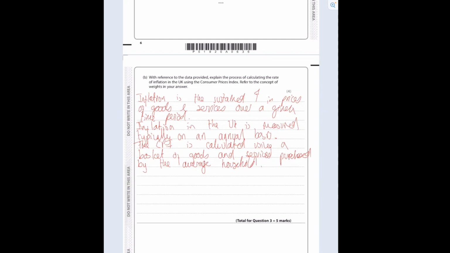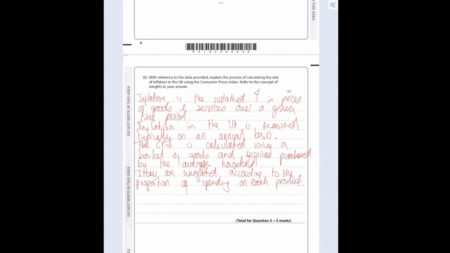This is one of the longest ones I've seen. Items are weighted according to the proportion of spending on each product.